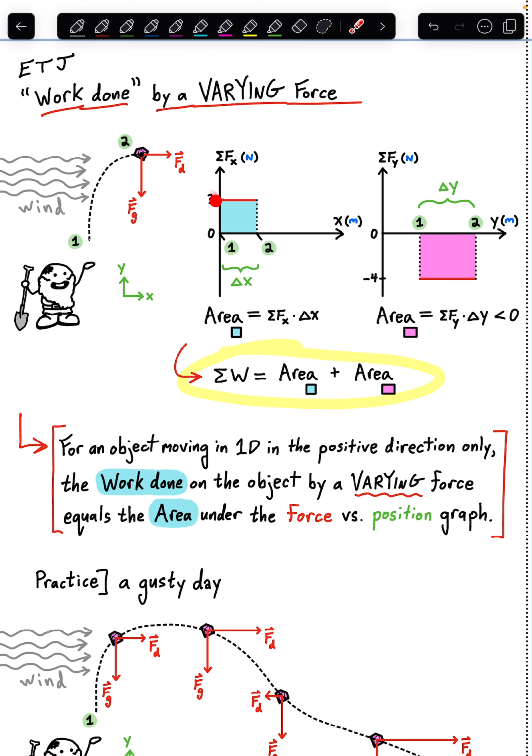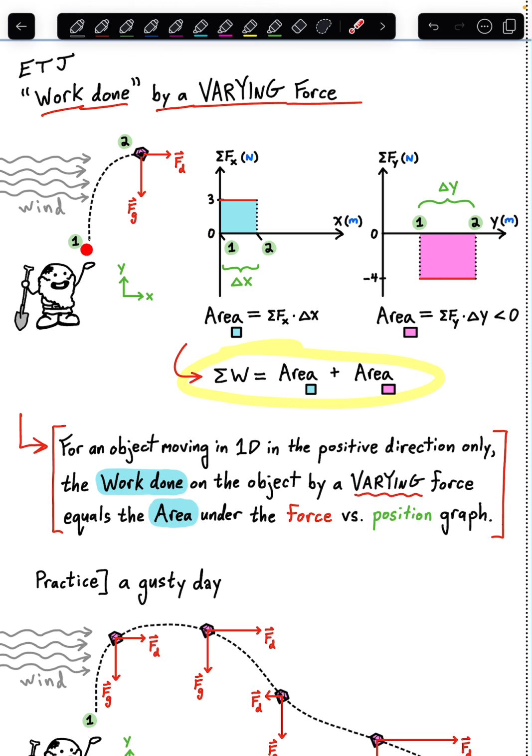If we were to graph the net force on the gem in the x direction as a function of position x, as the gem moves towards the right, say it was a 3 Newton drag force to the right, so a positive 3 Newton drag force as the gem moved from moment 1 to moment 2 here.